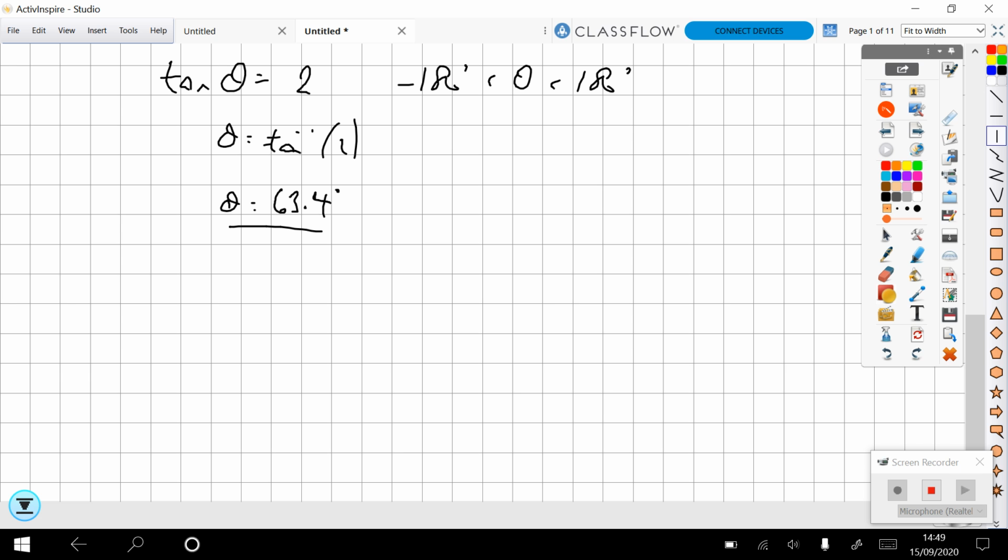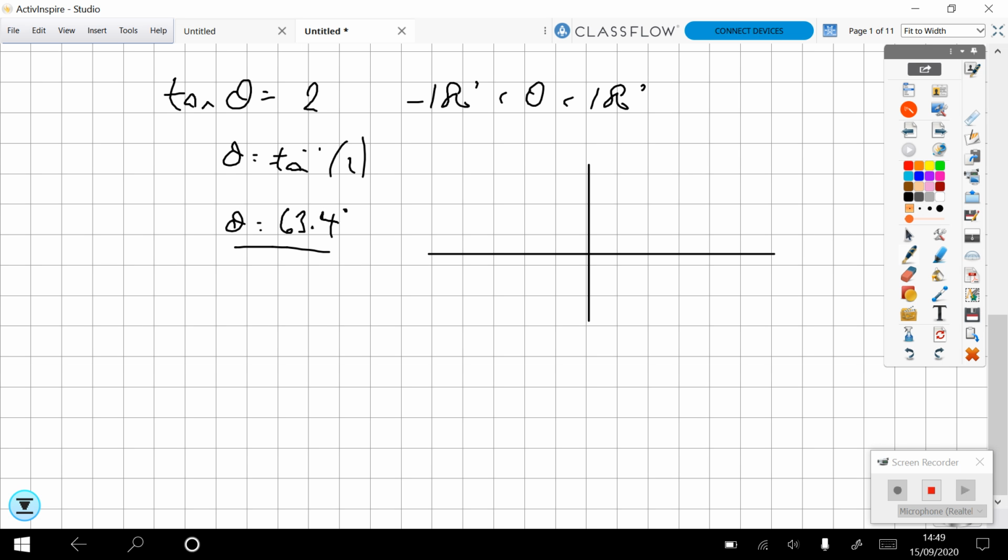So, this time, the tan graph is quite different to the sine or cosine graphs. The best way to remember it is to memorize this shape, to remember that it cycles between -90 and positive 90. So this is -90 and positive 90.